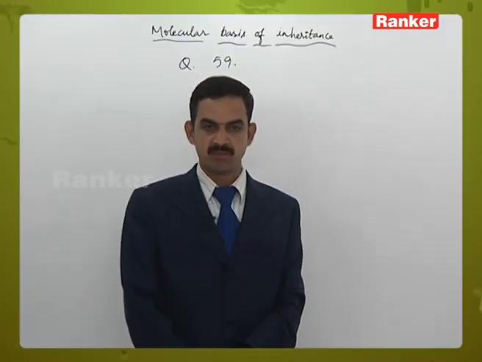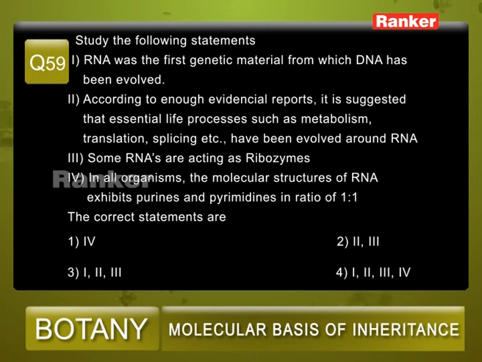Question number 59. Study the following statements. 1. RNA was the first genetic material from which DNA has evolved. 2. According to enough evidence, it is suggested that essential life processes such as metabolism, translation, splicing, etc. have evolved around RNA. 3.